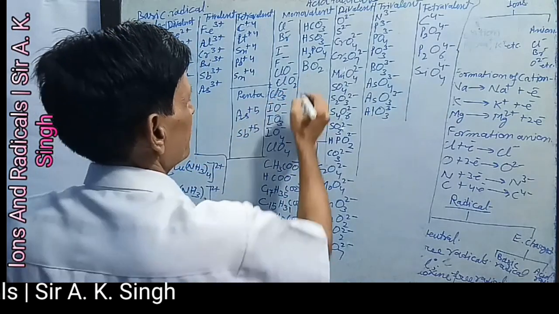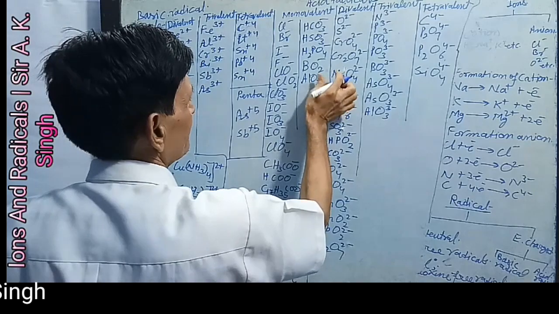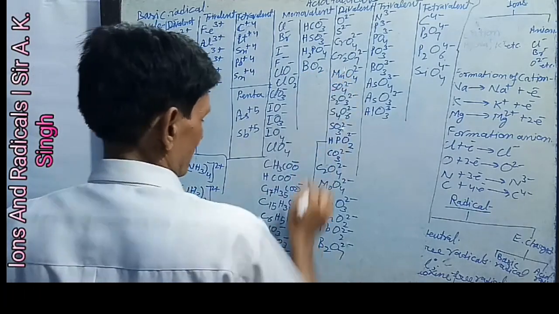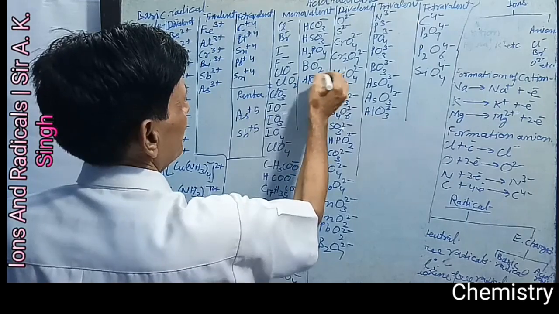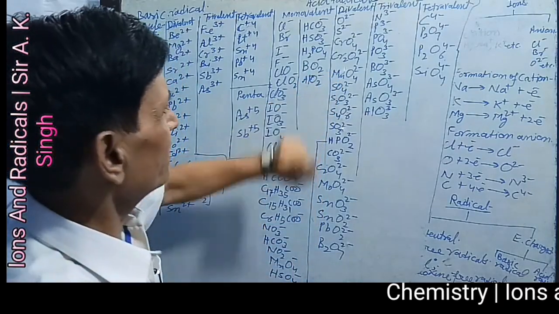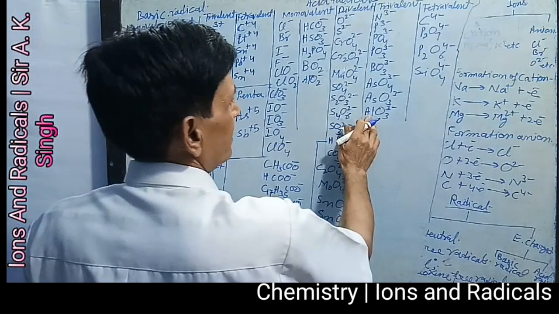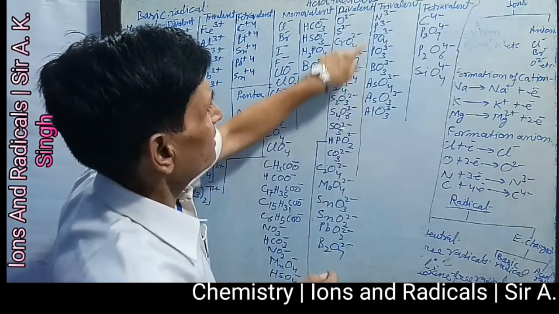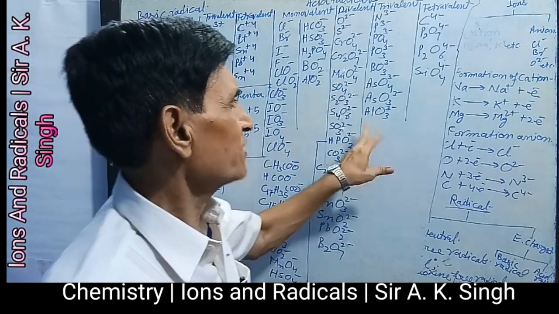Pyroborate, metaborate, meta-aluminate. Let us write AlO2, meta-aluminate. We can write here metaborate, like that. And here aluminate, arsenate, all these have 3 negative charges.